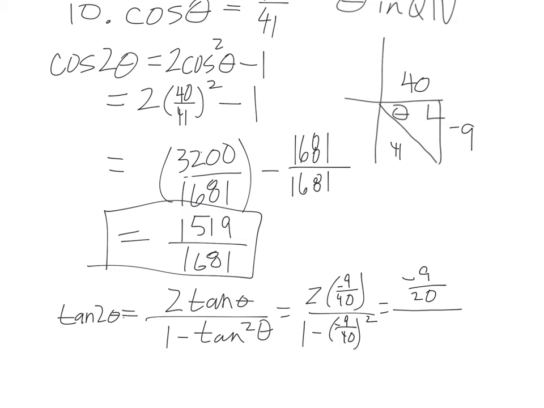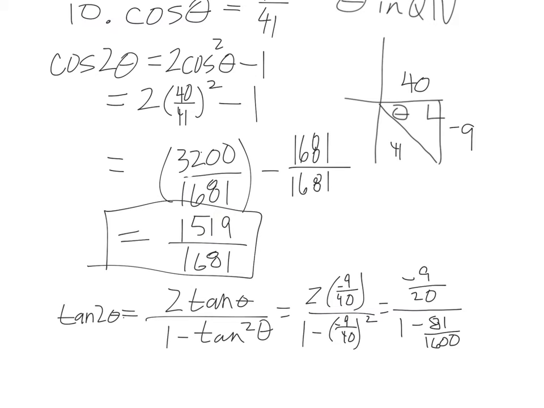Now my suggestion is doing the fraction first, and actually, I'm going to just calculate it, because we're going to multiply by the LCD of the smaller fractions. So I have 1 minus -9 squared, which is 81, over 40 squared, which is 1600. And note, the 20 in the numerator is a factor of 1600, which is nice.